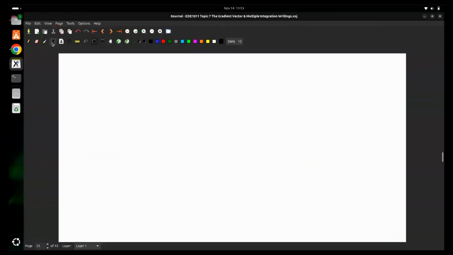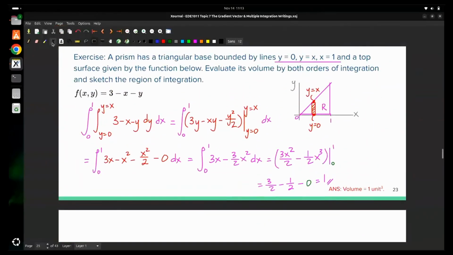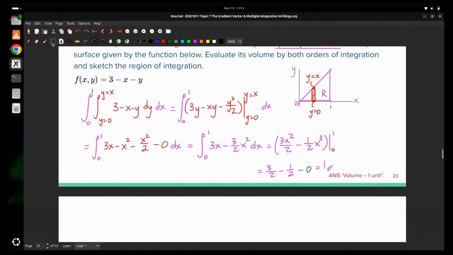Okay, so if you were to do it using the horizontal element, then it must be from x equals y to x equals 1. This point is x equals 1, x equals 1 right there.